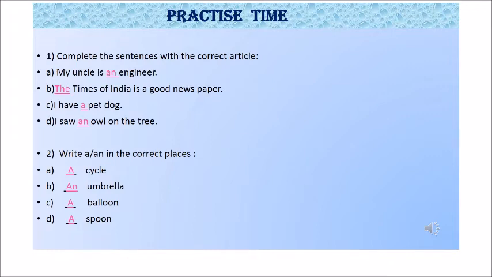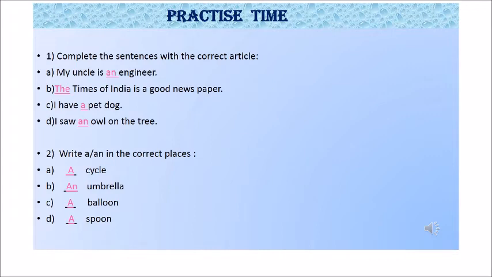So I have written "the Times of India is a good newspaper" because Times of India is only one newspaper, and there is no other Times of India. There is Dainik Jagran, there is Nav Bharat Times. So Times of India is a particular type of newspaper, and I have written "the Times of India".